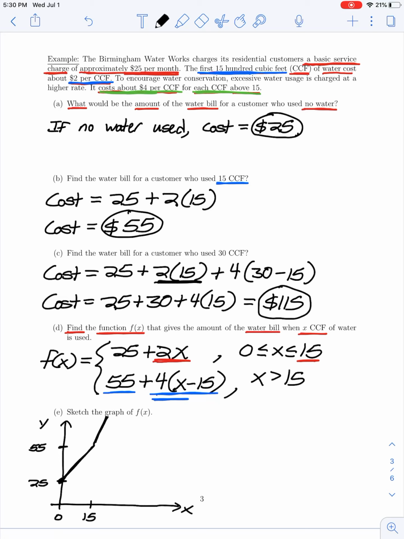So from here, the slope of our line would increase to be twice as steep, for all water usage over that initial 1,500 cubic feet. So one application here of piecewise functions, or the graph of a piecewise function, is in, say, billing according to electrical or water usage.